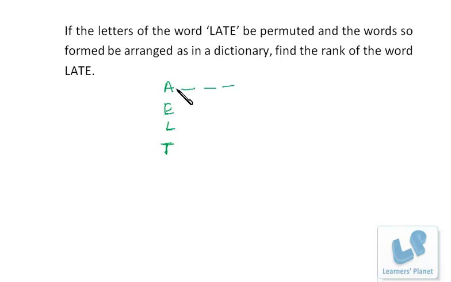So now if A is at the first place, we are left with three places, and three letters can be arranged in 3 factorial ways, right? So how many words will there be that begin with A? That is 3 factorial, that is 6. Similarly, if E is at the first place, the remaining 3 places can be filled in 3 factorial ways. So this is 6, this is 6, right?